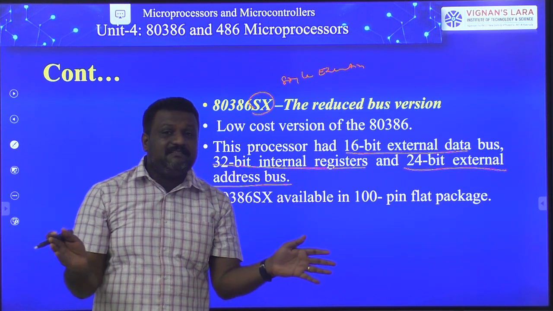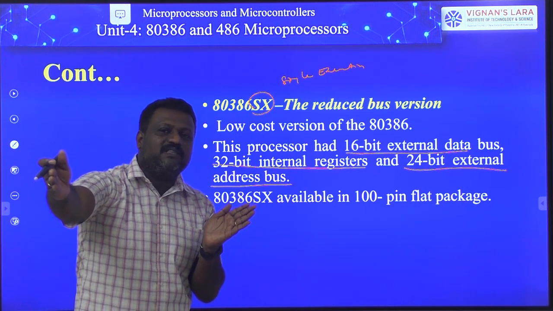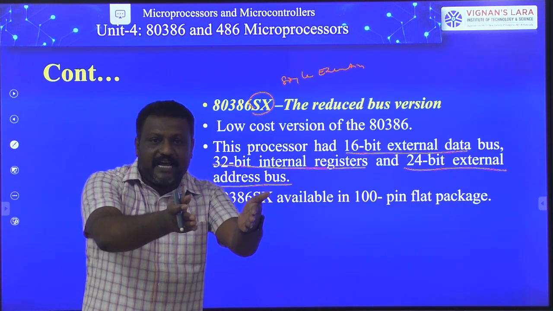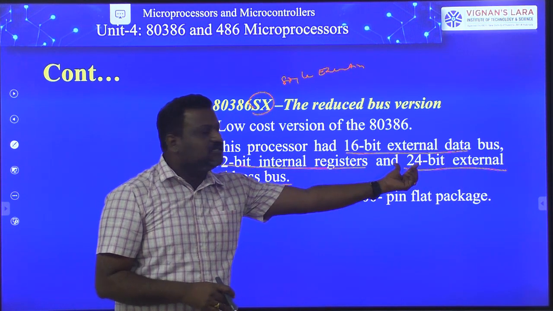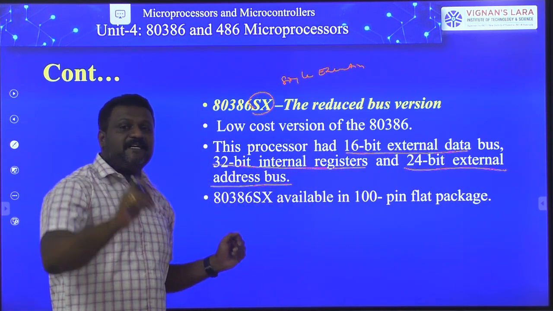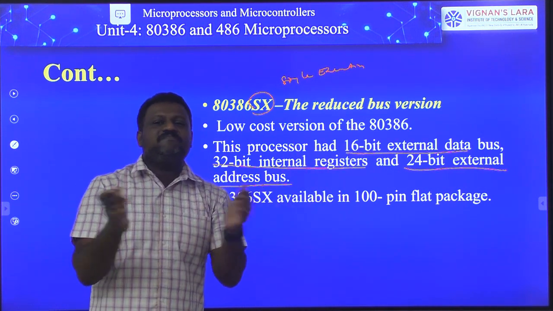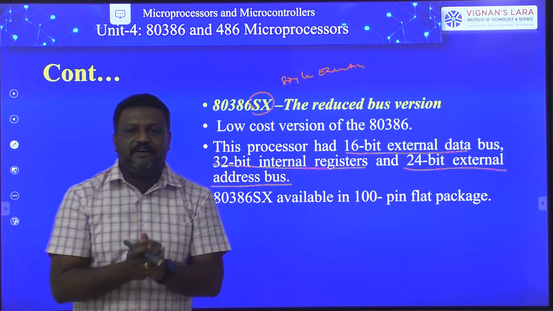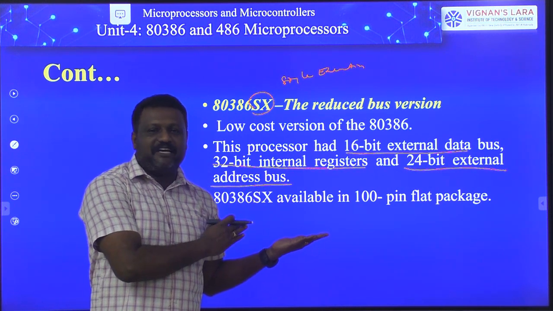But coming to the external part, when your 80386 communicates with the external world, either memory or an IO device, it uses only 24 address lines and 16 data lines. That's important. And the last part is that once the number of address and data lines are reduced, it automatically influences the number of pins in the IC form of 80386SX. That is clearly what we are observing, guys.